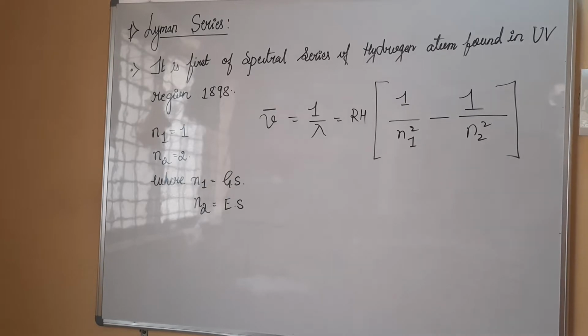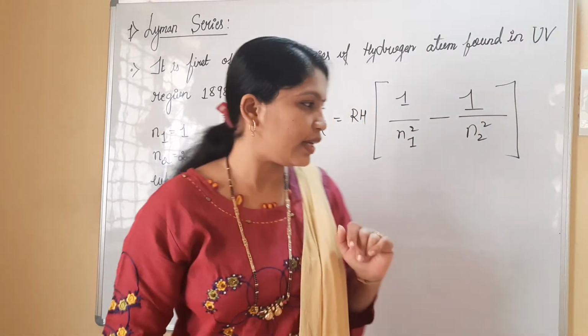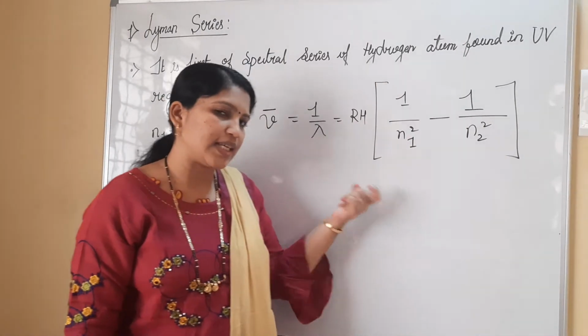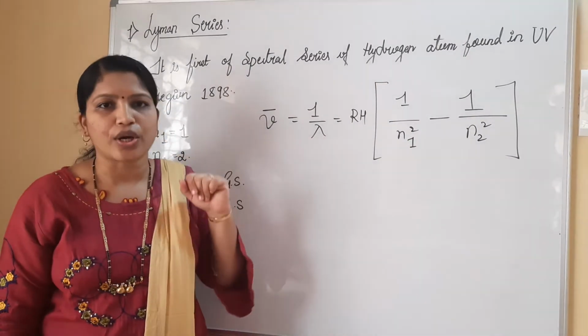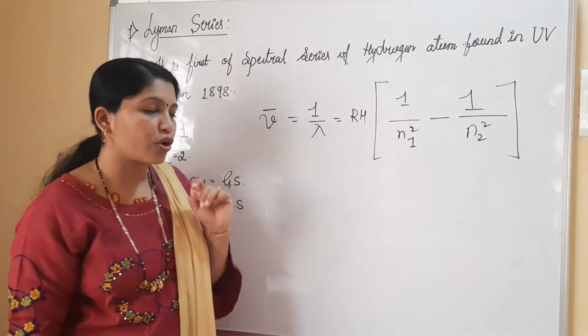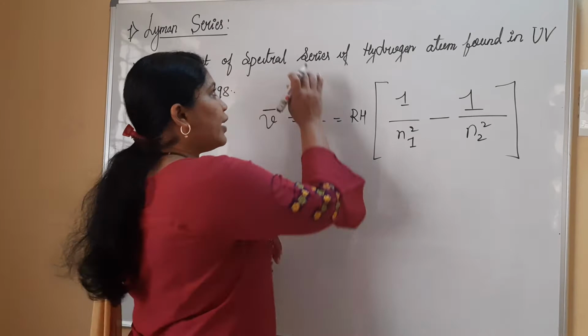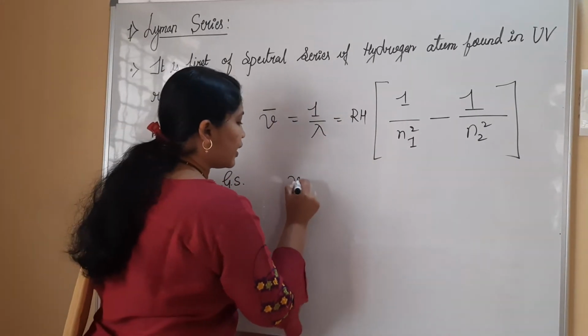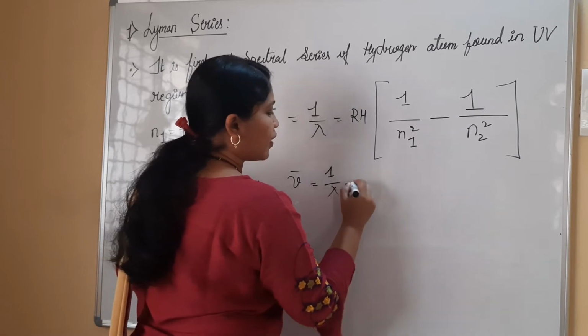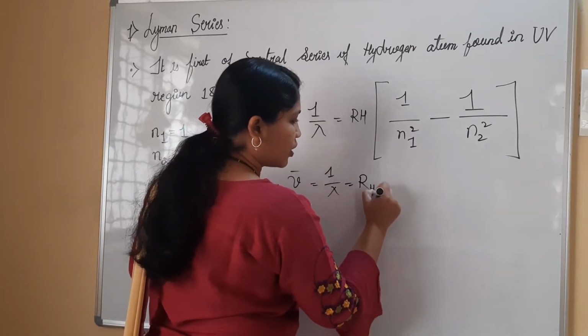Let me make the things still more clear to you. See here, as I told you, n1 is 1. That is, the Lyman series will be lying at the first state, called the ground state or first energy shell or energy level. So with respect to this, I can write nu bar equals 1 by lambda, or directly we can also write R, that is the Rydberg constant.